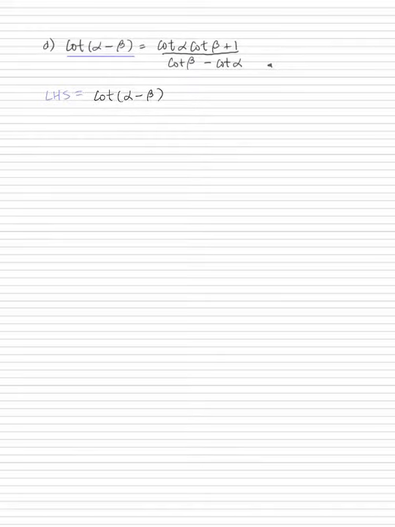Okay, so make sure to work this step by step. So cotangent of alpha minus beta is the same thing as 1 over tangent of alpha minus beta, which is the same thing as 1 all over tan alpha minus tan beta, whole thing over 1 plus tan alpha tan beta.